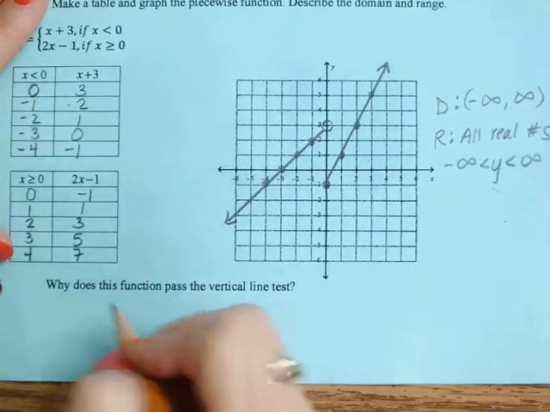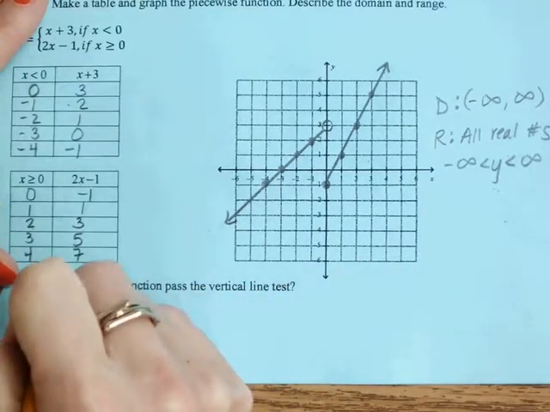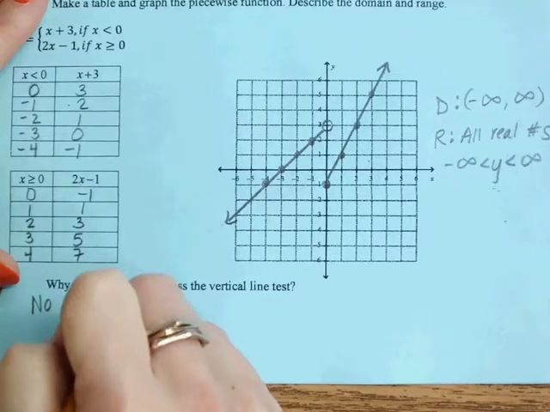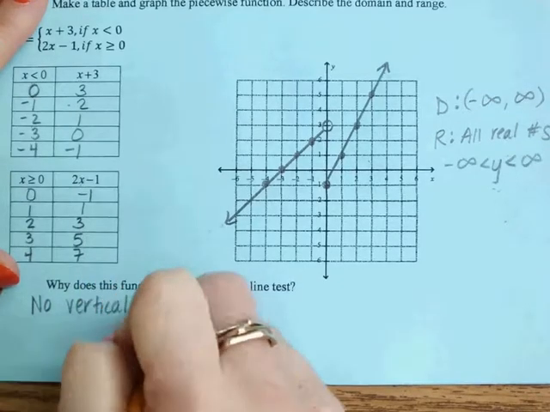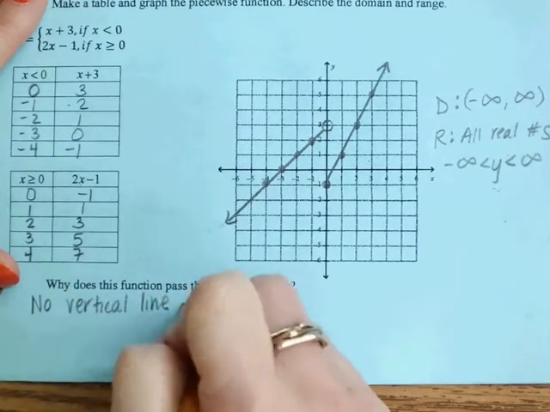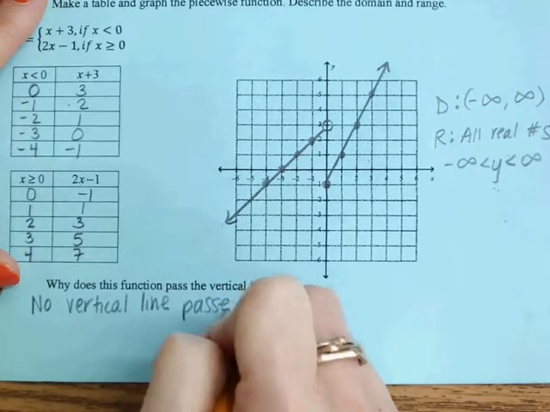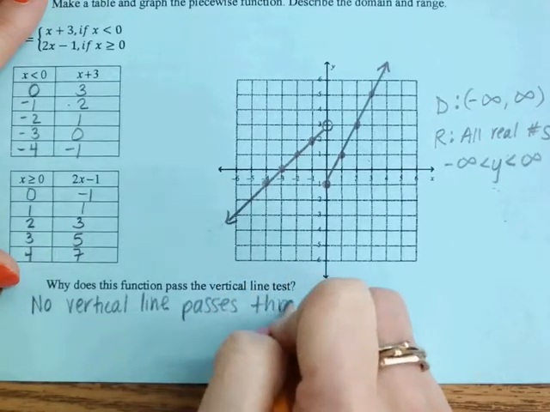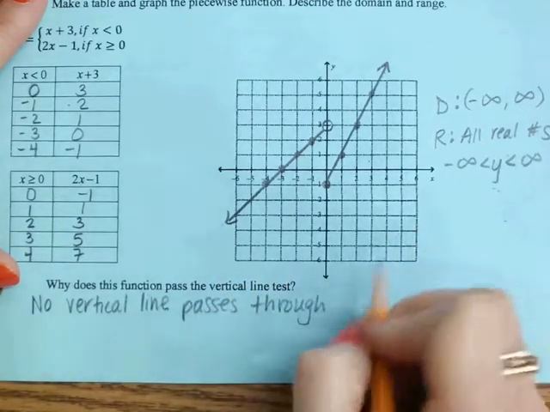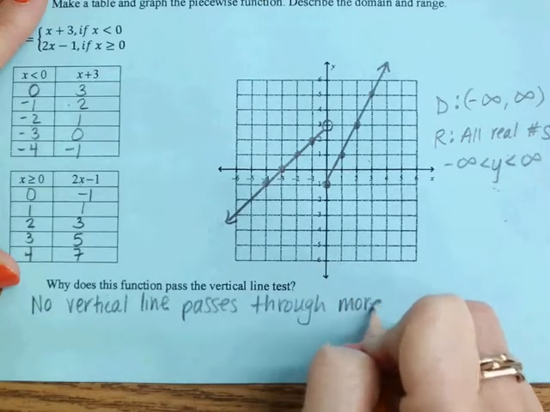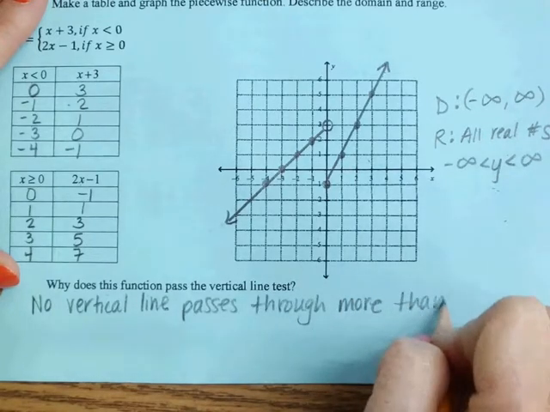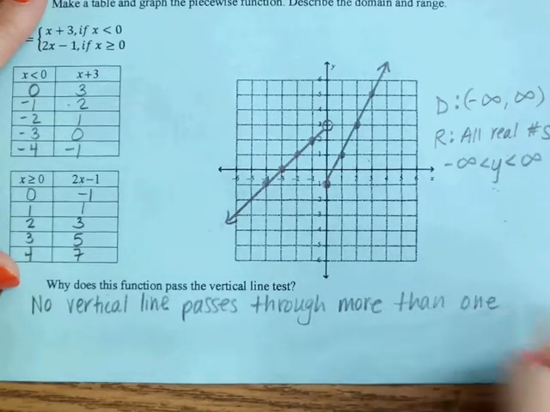So we'll go ahead and answer this by saying no vertical line passes through more than one point.